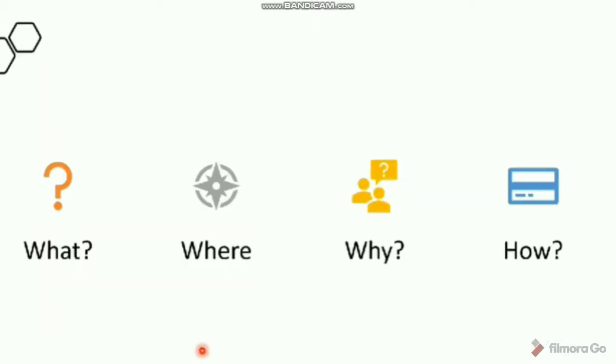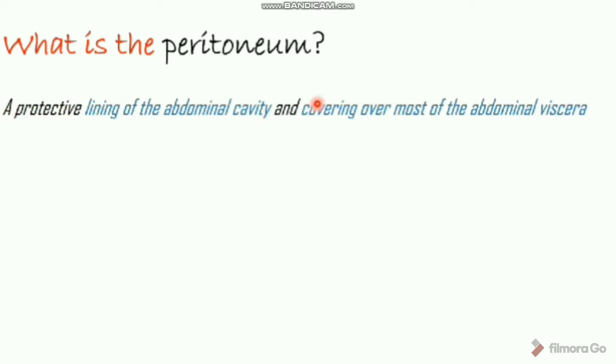So let's begin. Before moving any further, I'd be talking about what, where, and why does the peritoneum exist and how is it formed. So what is the peritoneum? To make it simple, I'd say that it's something which lines your abdominal cavity, the abdominal wall from within, and it's also something which covers most of the abdominal viscera.